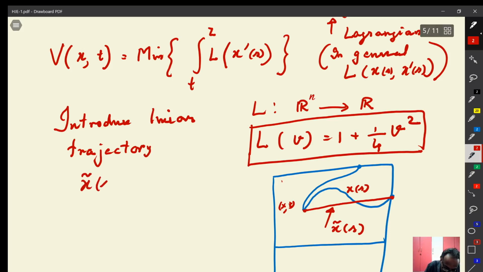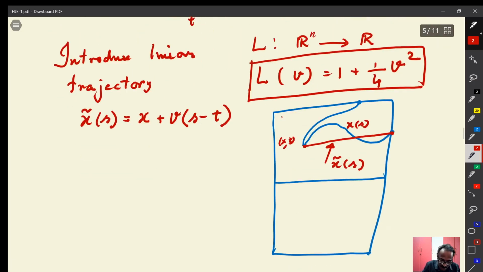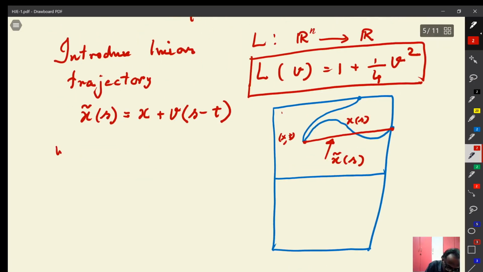x tilde of s is equal to x plus some velocity, which I will write precisely, times s minus t. And what is your v going to be?